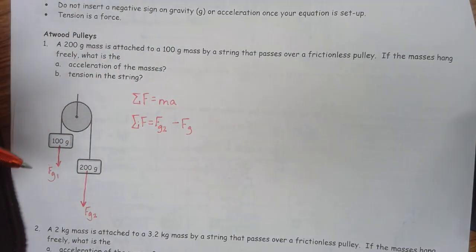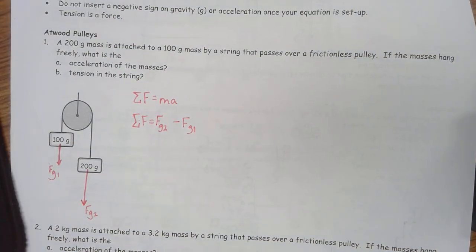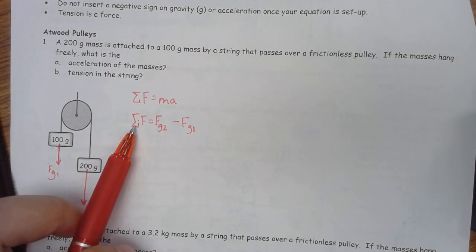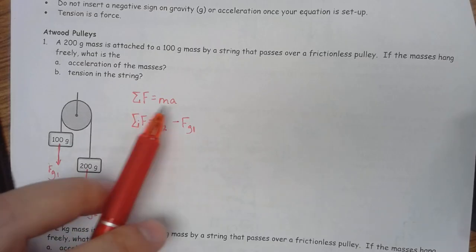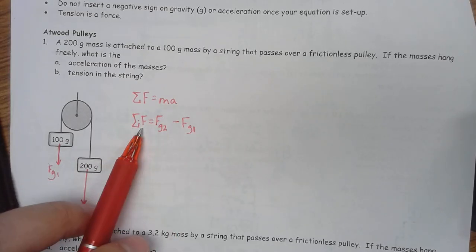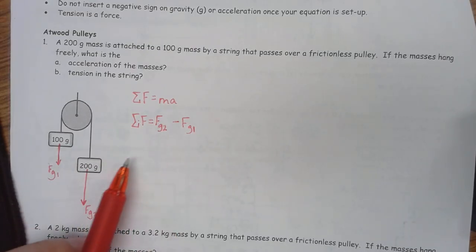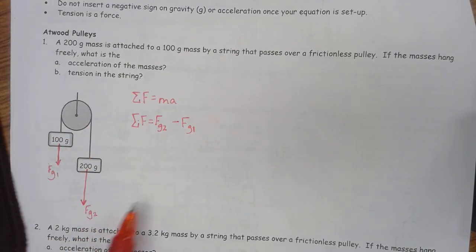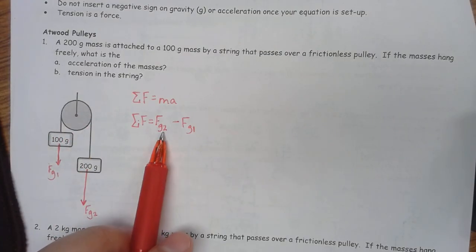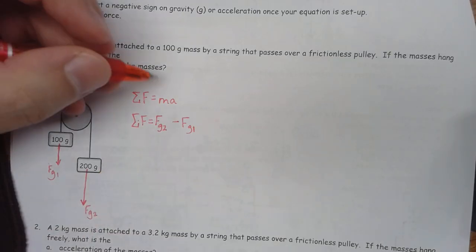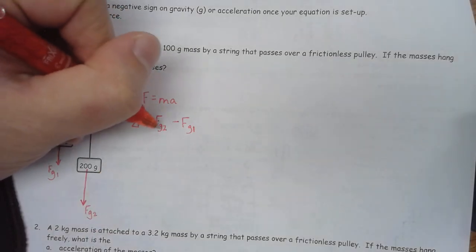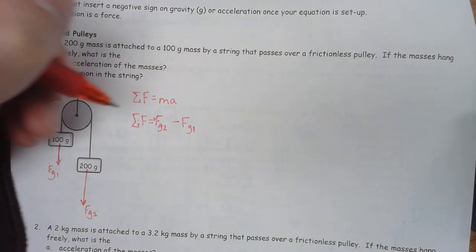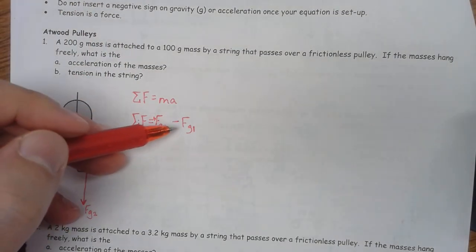Force of gravity 2 versus force of gravity 1, right? In other words, this is going to be positive. My net force is positive because my acceleration is going to be positive. And therefore, if it's going to move towards the right and favor the right-hand side, this is going to be the positive one. We could put a positive in front of there, just sneak it in front if we wanted to. And this is going to be the negative one.